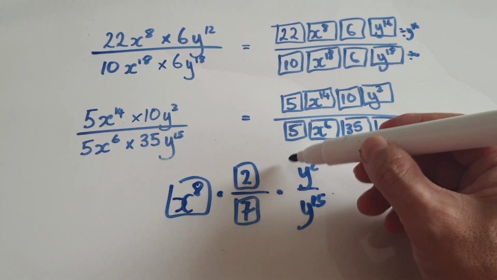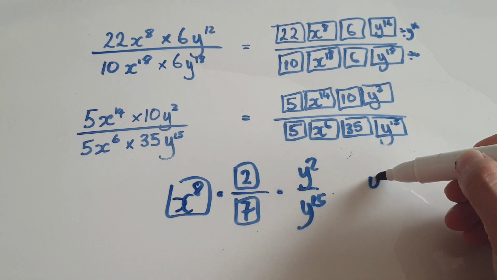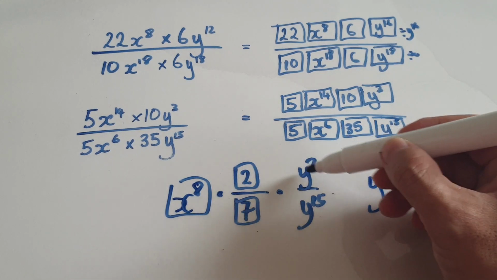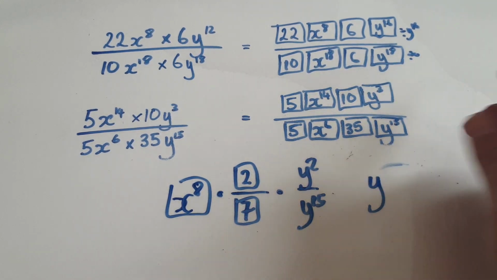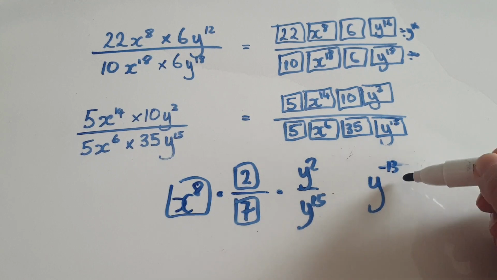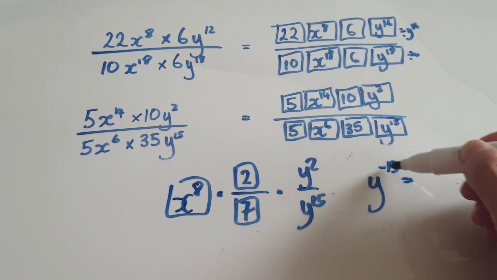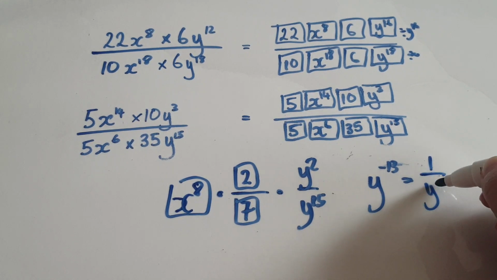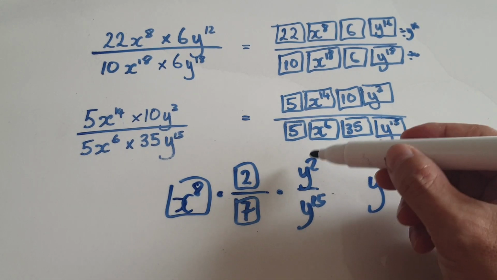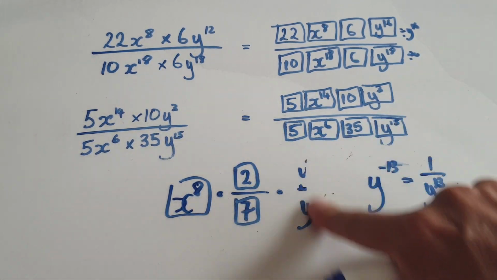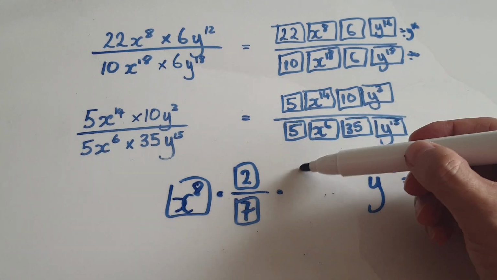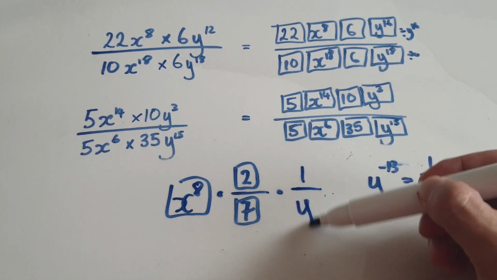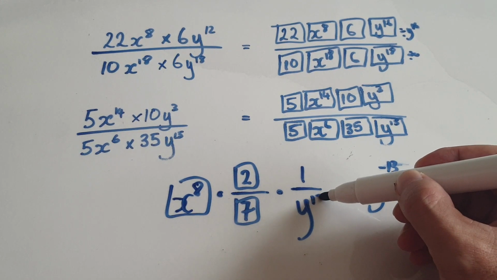Well, let's just look at this. Y squared, you would get this, take away this. That would be minus 13. But we don't understand what it means to have a power of a negative number. So we would immediately jump to 1 over y to the power of the positive version. The point is that this block here becomes 1 over y to the power of 13.